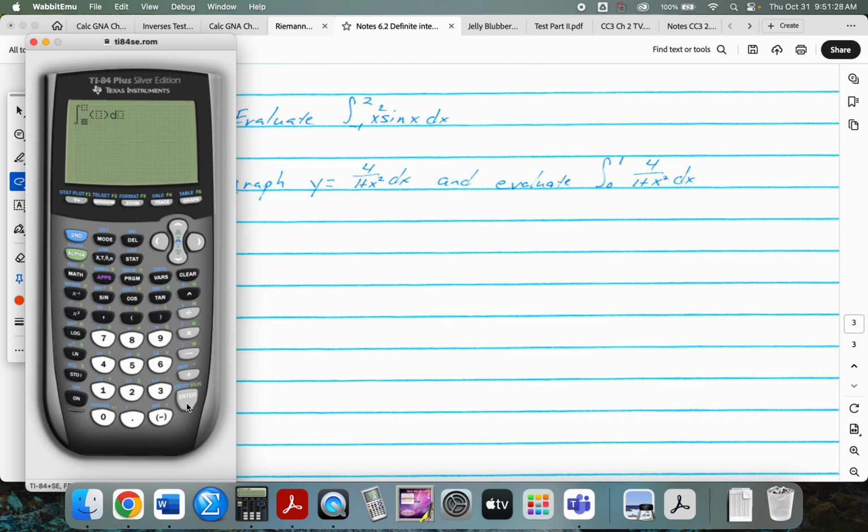And fortunately, in the last update, you didn't have to speak computerese to be able to put this in. You put it in exactly the way that it looks. The lower limit is 0. The upper limit is 1. Our function is x squared times the sine of x.